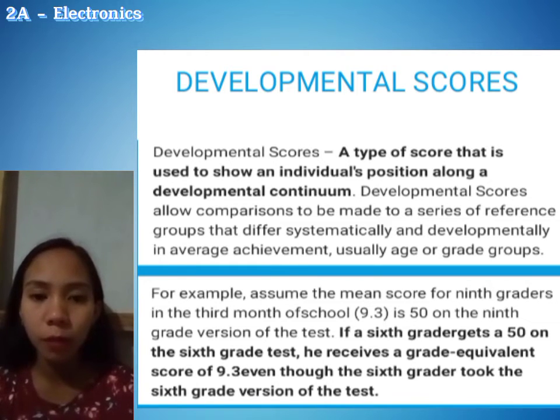For example, assume the mean score for 9th graders in the third month of school, 9.3, is 50 on the 9th grade version of the test. If a 6th grader gets a 50 on the 6th grade test, he receives a grade equivalent score of 9.3 even though the 6th grader took the 6th grade version of the test.